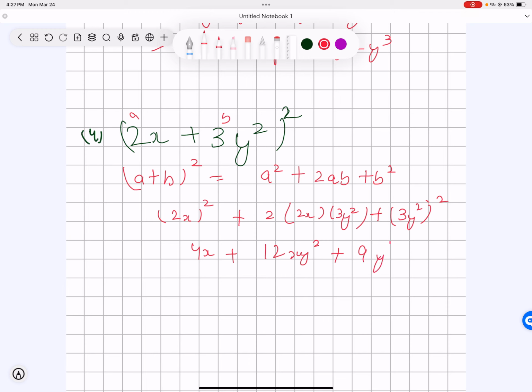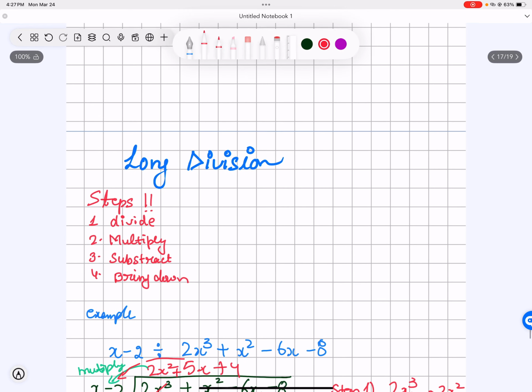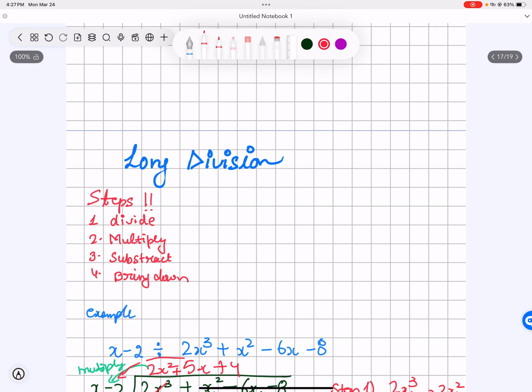It's gonna give me y to the 4, and our final answer is 4x squared plus 12xy squared plus 9y to the 4. And then lastly, I'm gonna be talking about long division.